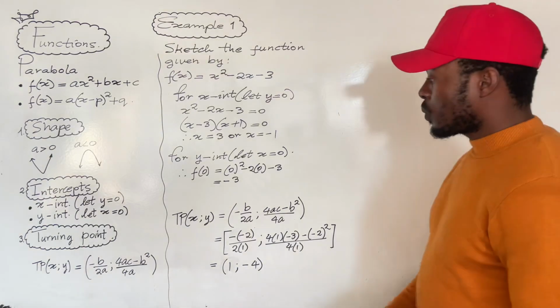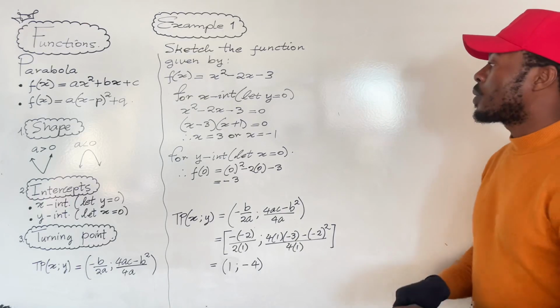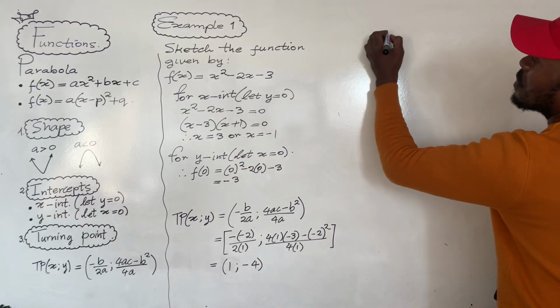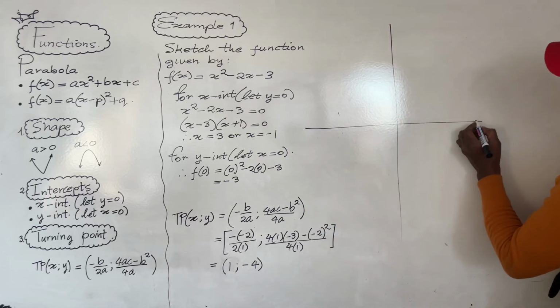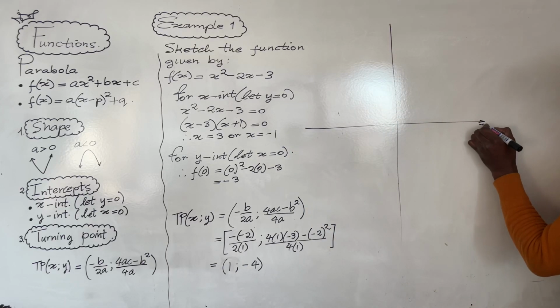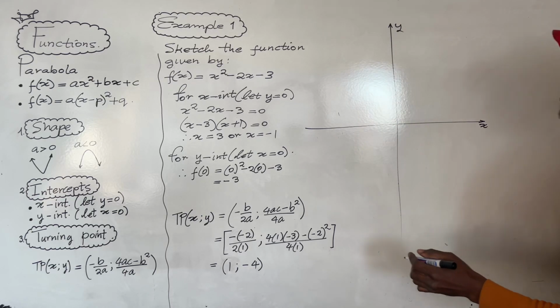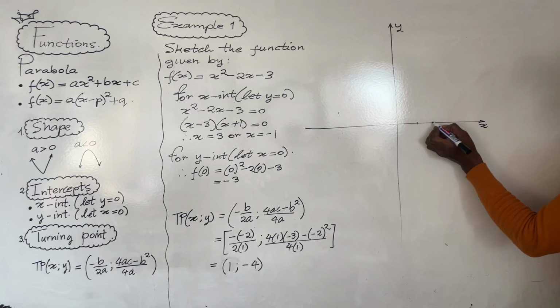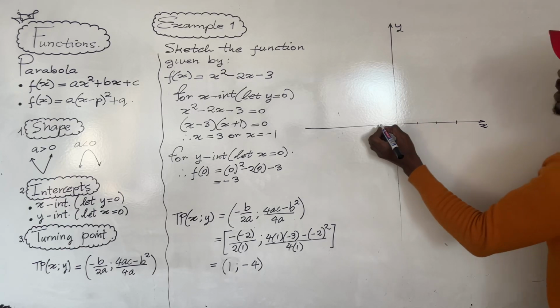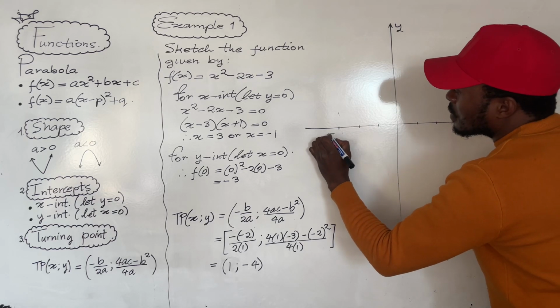So the last part is where you have to sketch your function. Let's do so. When we sketch our function, it is going to appear like so. Label your x-axis as well as your y-axis, and your x-intercepts are at 3 and minus 1. I have 1, 2, 3, minus 1, minus 2, minus 3.